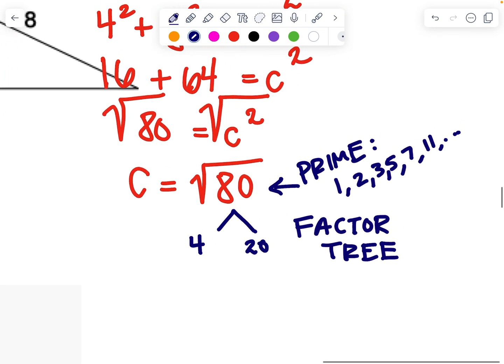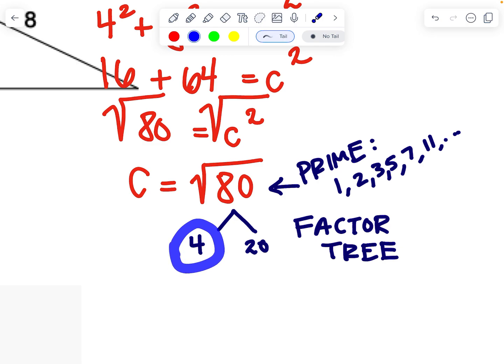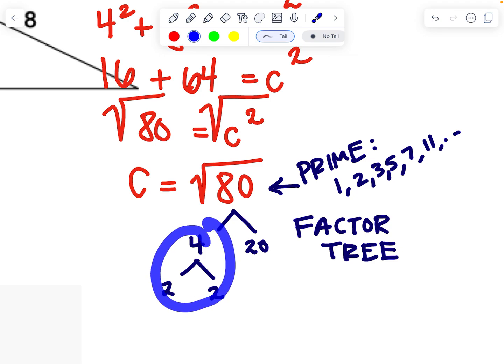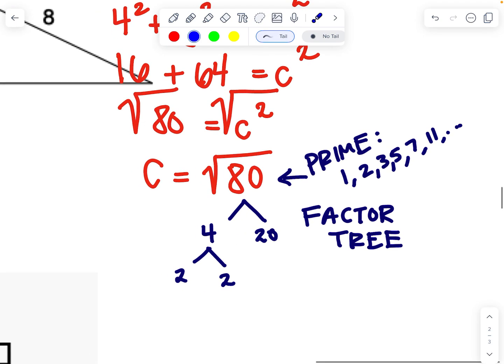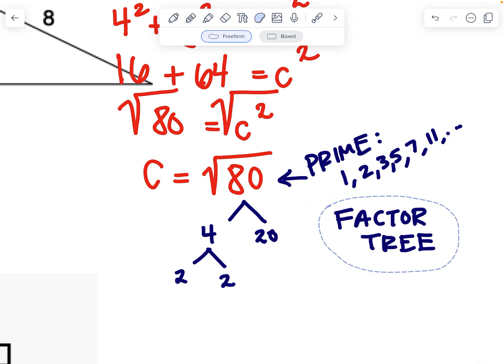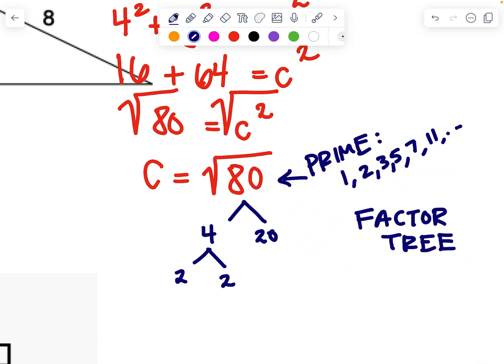Numbers that I can't divide evenly into anything. But 4 is not a prime factor because I can divide 4 into 2 and 2. So 2 times 2 gives me 4. But 2 is a prime factor. So on this side of the tree, I'm done now. Hopefully some of this is feeling slightly familiar from semester 1.